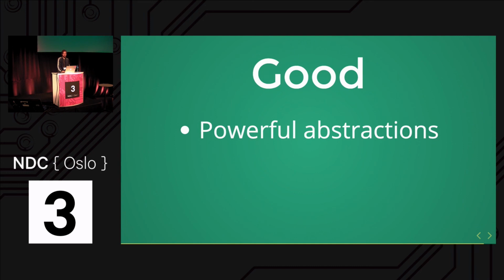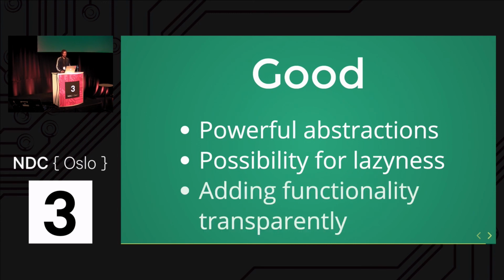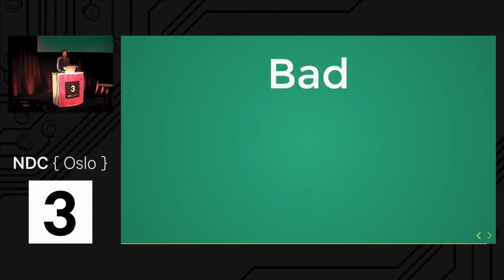And for the fundamental operators, you could get things like laziness. You could do a lot of this with just regular higher order functions or other types of abstractions, but in this case you can do it for the fundamental operators, so that all of this is transparent. But the really bad thing about this is that you might introduce a lot of magic.